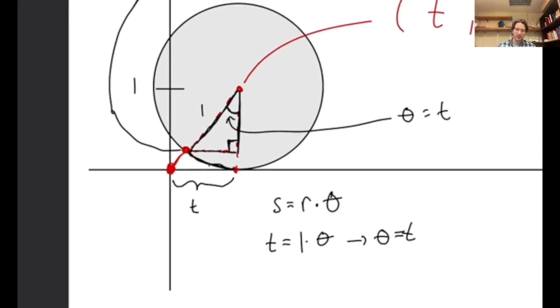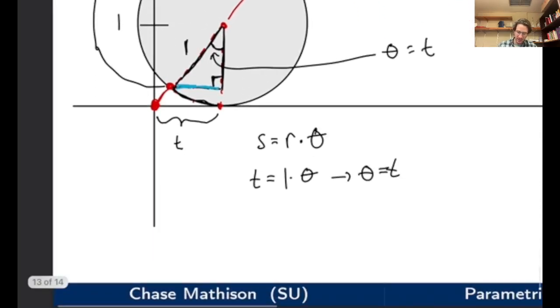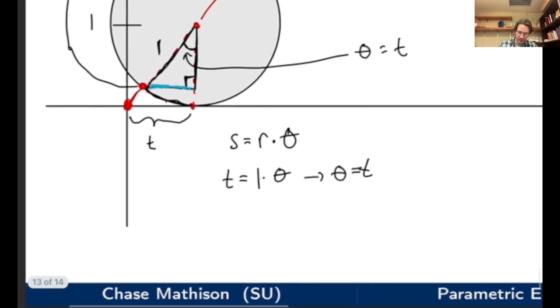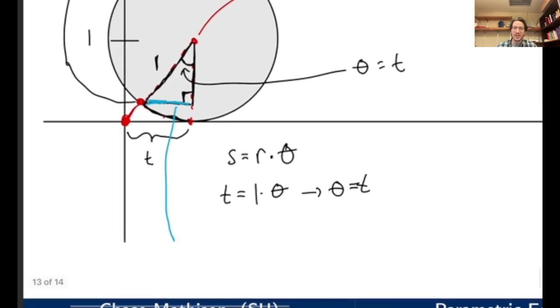And so now, because I know that this hypotenuse has a length of 1, I can say what this leg is and what that leg is, right? Let me do this in color. We'll color this blue. The length of the blue leg is opposite to the angle theta, which is t.